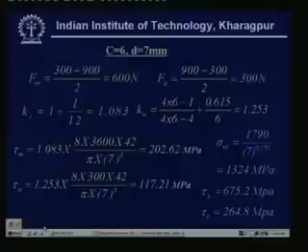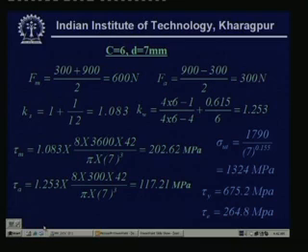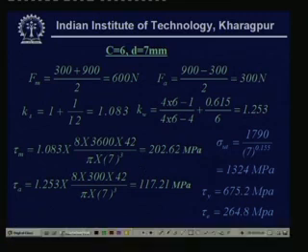So, in this case, we start the design with C equal to 6, and the wire diameter d considered to be 7 mm. What is the basis of choosing C equal to 6 and d equal to 7 mm?